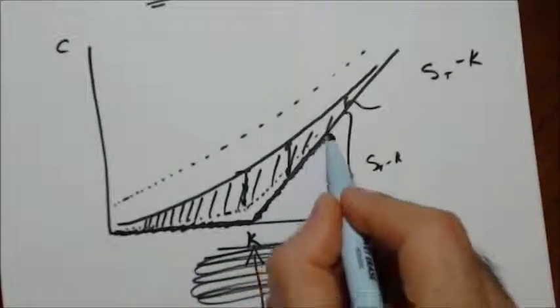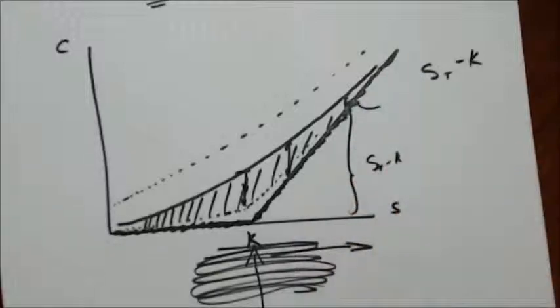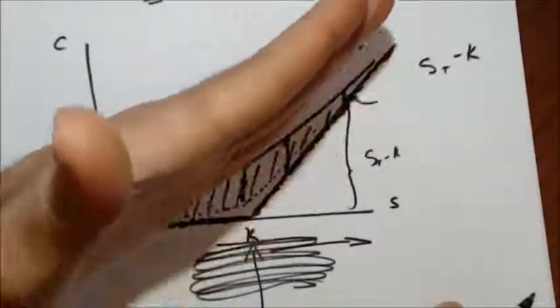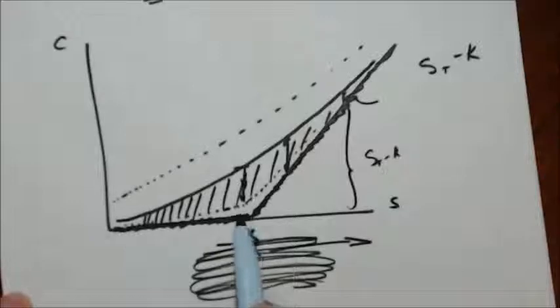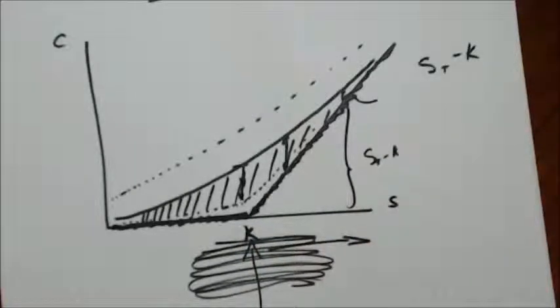At expiration, you have to be on this line. So you see these curves coming in, melting in, so it ends up having a kink at expiration.